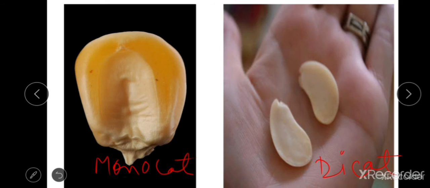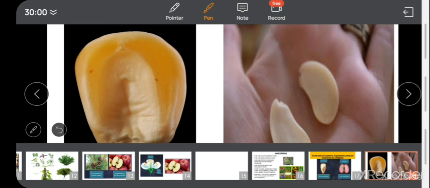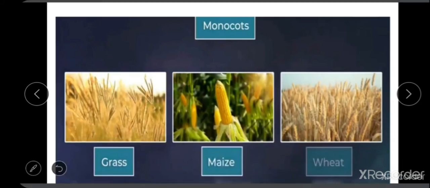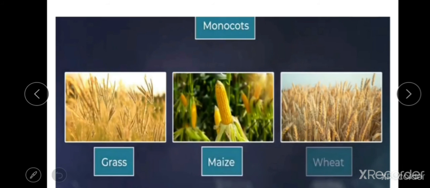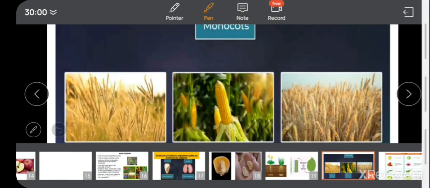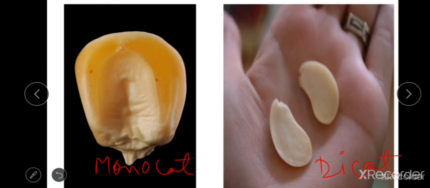So students, if I talk about examples of monocots, usually all the grass family, maize and wheat family, come under the category of monocots because they bear a single cotyledon seed. Whereas in case of dicots, there is a large variety of plants.